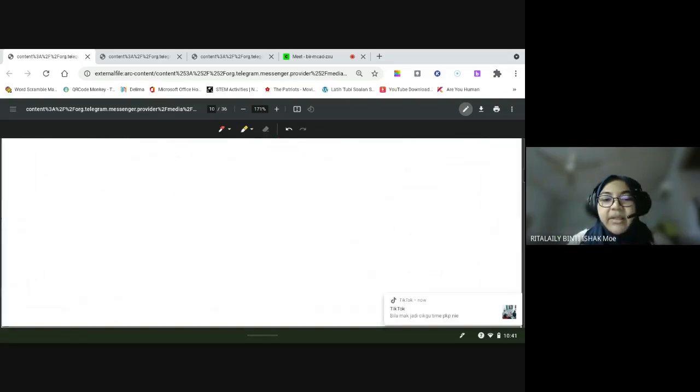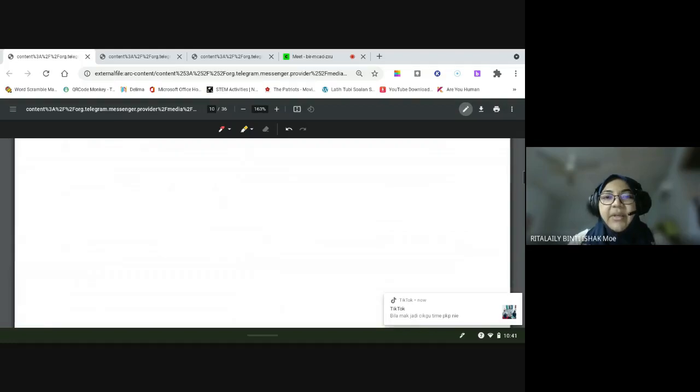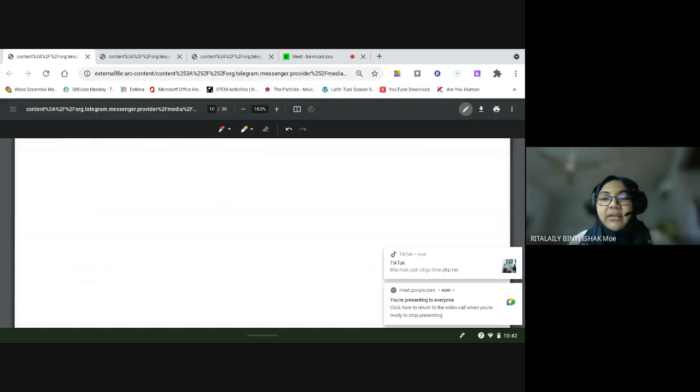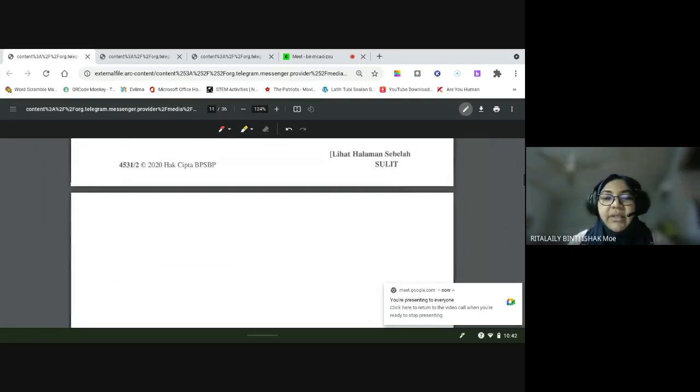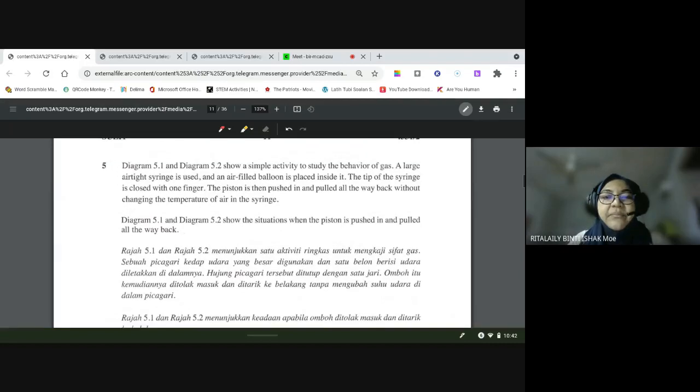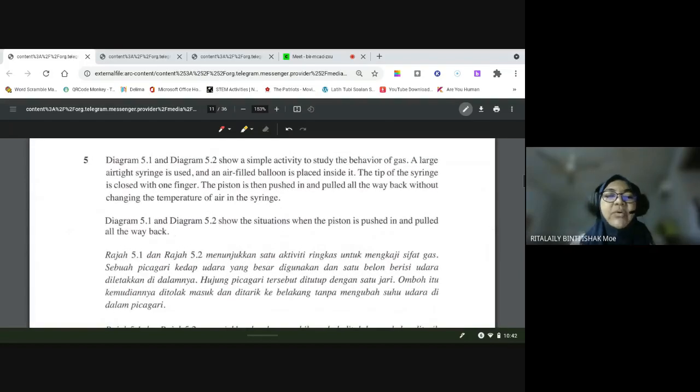Kita pergi kepada soalan seterusnya, nombor 5. Okay, kita ada dua diagram. Simple activity to study the behavior of gas. Large airtight syringe is used. An air-filled balloon is placed inside.